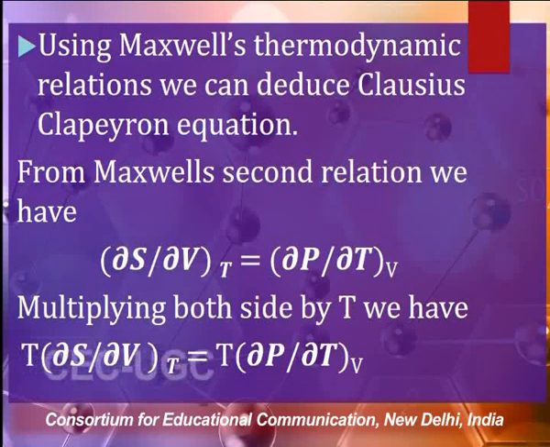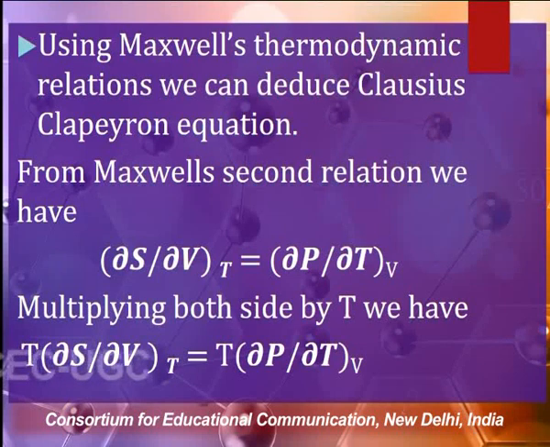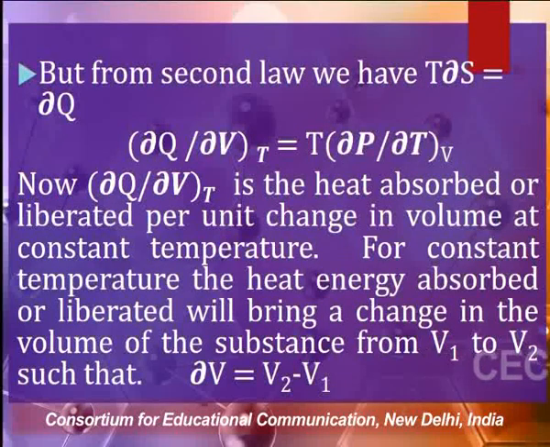Multiplying both sides by T, we have T times delta S by delta V at constant T is equal to T times delta P by delta T at constant volume. The second law says that TdS is equal to delta Q. So we get delta Q by delta V at constant temperature is equal to T times delta P by delta T at constant volume.